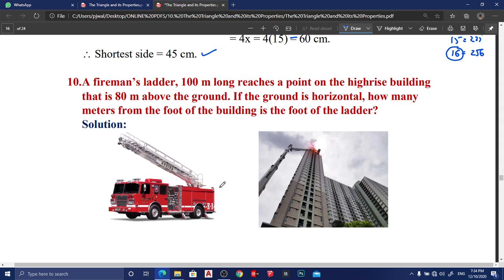Though it looks small, it can be stretched up to high-rise buildings like this, to rescue people from an accident. They will use this type of ladder. See, this is the high-rise building, this is the accident point, and this is the ladder we are using. And this same problem I have shown in another figure.